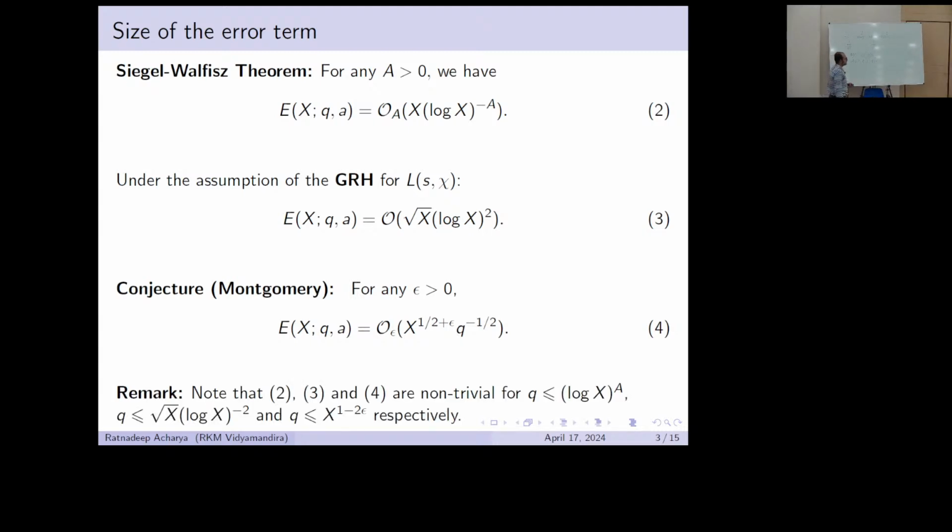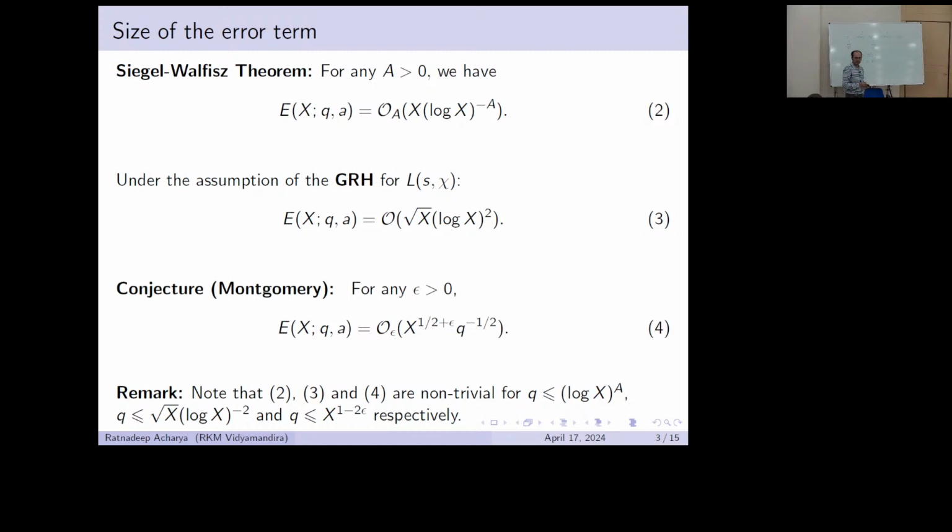Right. So as I mentioned, these three results are some known results, some conjecture, and some conditional result. The first one is non-trivial if q is very small; q can be up to any power of log x. Similarly, the second one is non-trivial if q is less than square root of x times some small factor. And Montgomery's conjecture is non-trivial if q can go up almost to x.